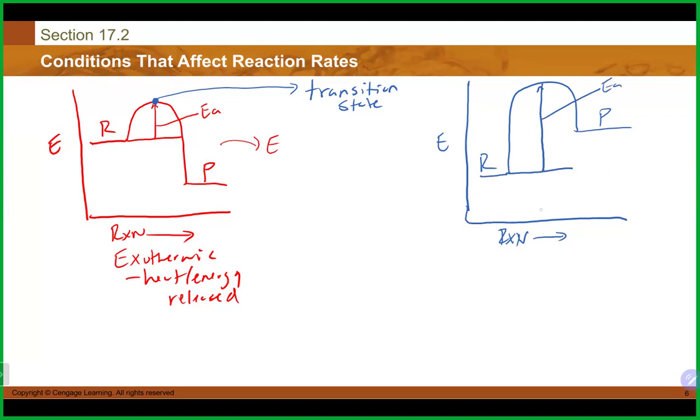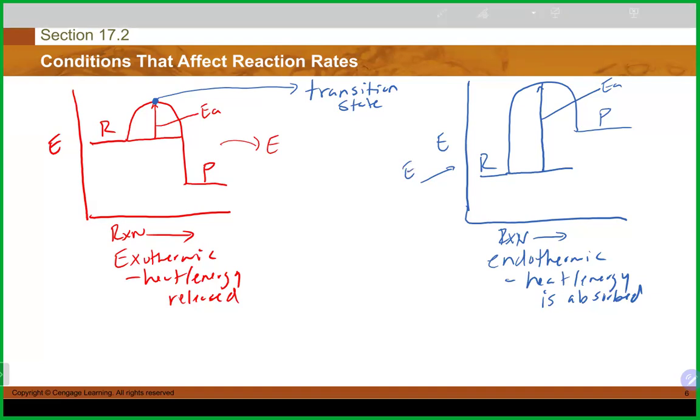Our reactants are actually lower in energy than our products, and that is what tells us it's an endothermic reaction. And that is when heat and energy is absorbed. So again, in order for our reactants to get up to the products, we actually have to put energy into this reaction to do that.